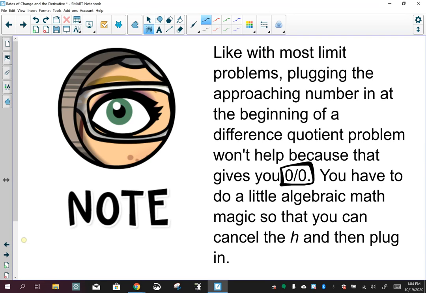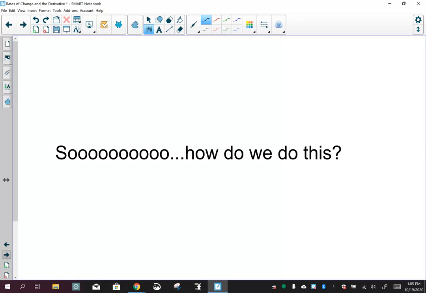So you're going to have to do a little bit of algebra so you can cancel out your h's, because when you're looking at the difference quotient in terms of limits, all your h's should go away when you run that limit to 0. So when you're focusing on the actual slope function, you should not have any h's in it at all. So how do we do this?